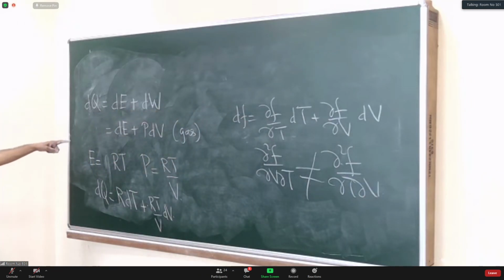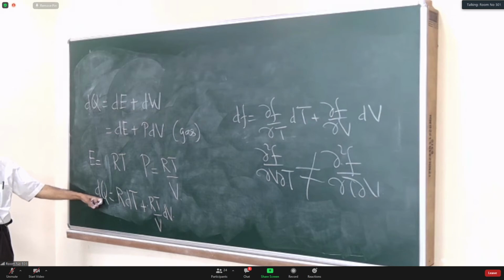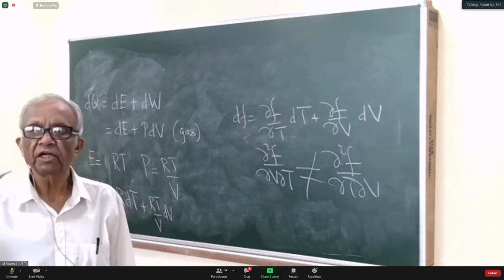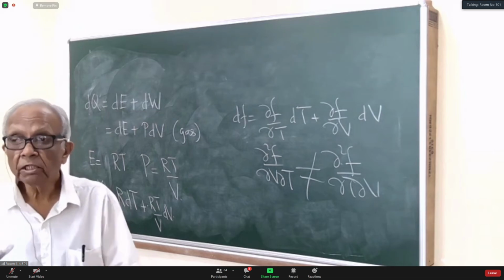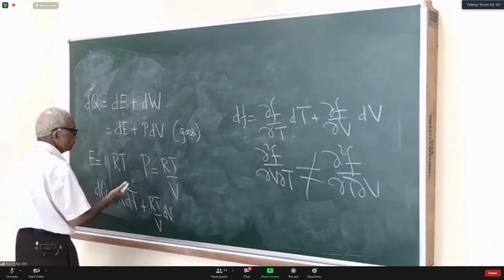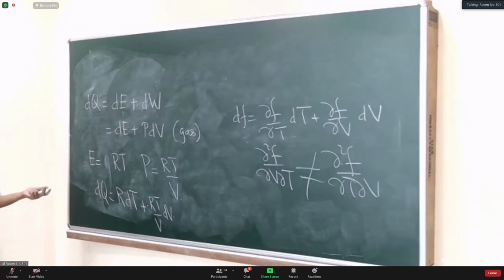And therefore, I can't give you what this function f is. So I can't tell you what q is. So q is a strange beast which is defined only through the differential. You cannot integrate it and give me an answer for the ideal gas. And if you can't for the ideal gas, you can imagine that you can't do it for anything else in this world.